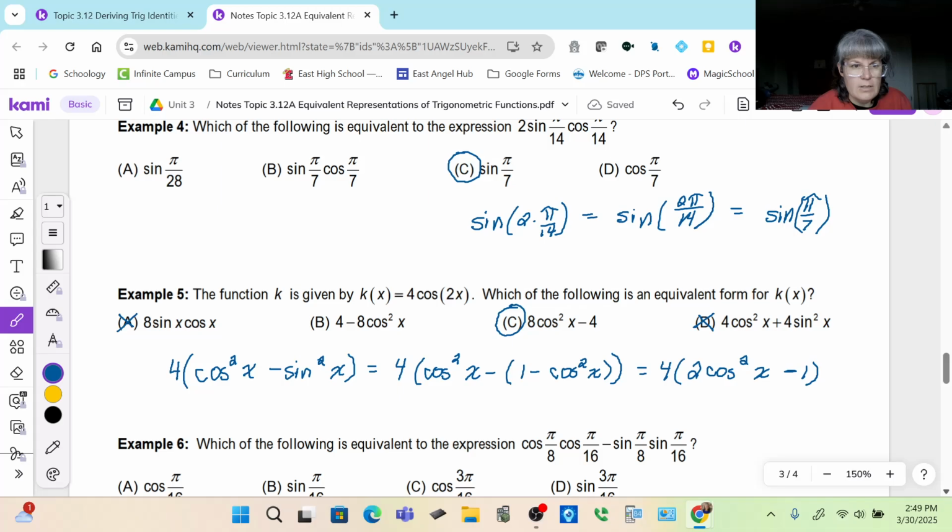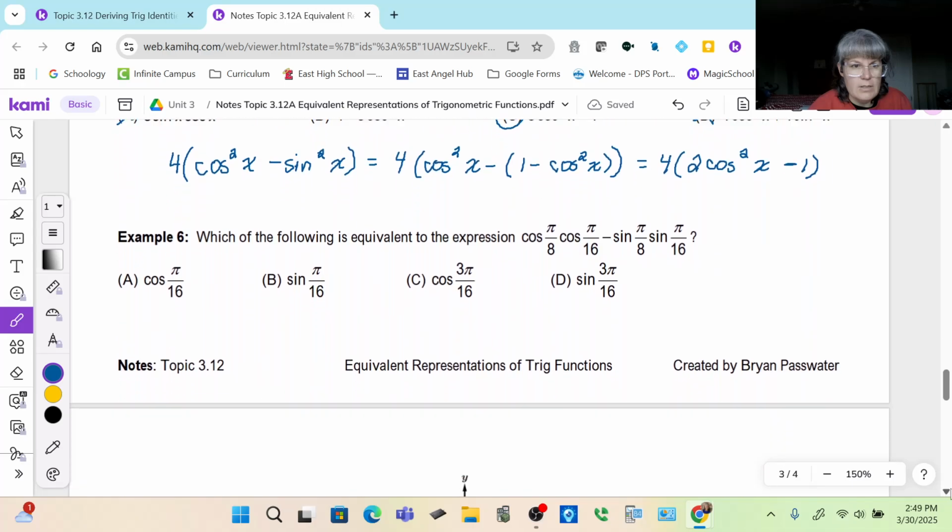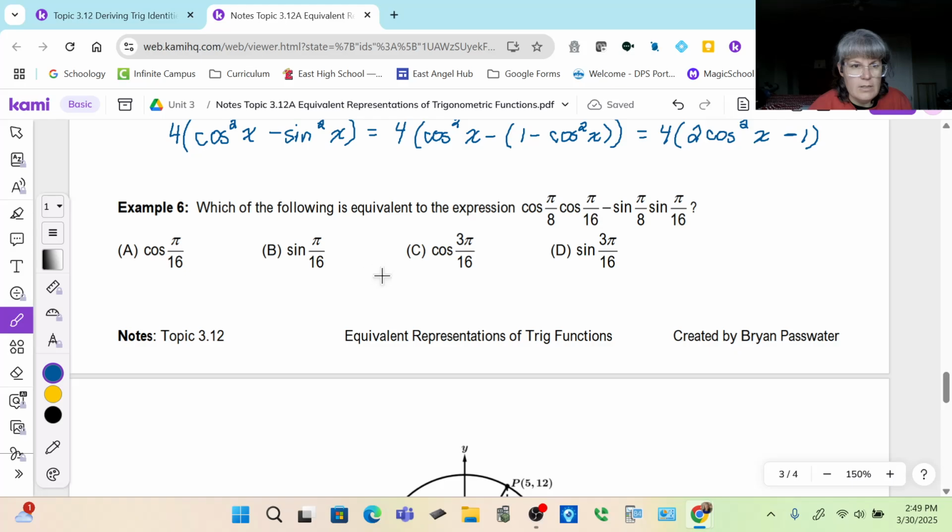And if I look at example 6, which of the following is equivalent to the expression cosine pi over 8 times cosine pi over 6 minus sine pi over 8 sine pi over 6? That tells me that I'm looking at the cosine alpha plus beta.